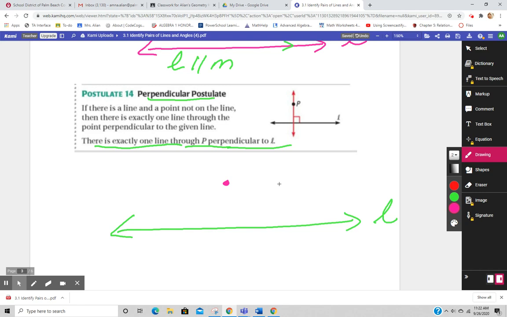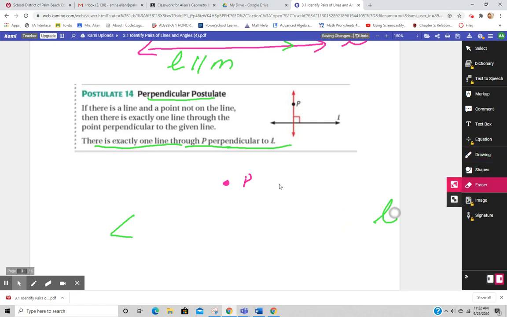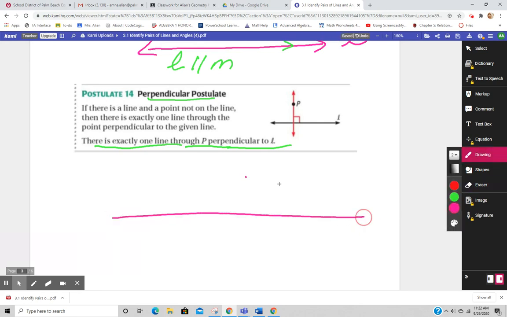Let's call this point P. There's exactly one line that will go through point P that will be perpendicular to line L. Sorry, let's sketch that again. We'll call this line M. So line L is perpendicular to line M.